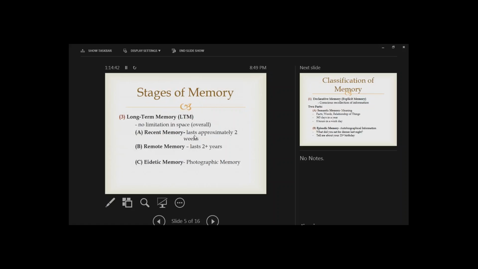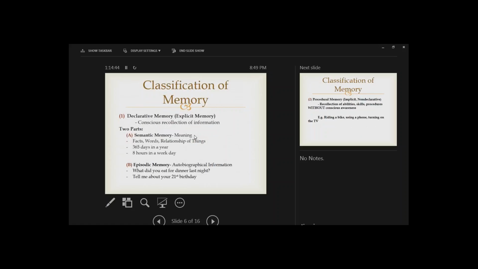Okay, so remember how I said the stages of memory are, actually, you know what? It's 10 till 7. We end at 7:30 and go into our next class.